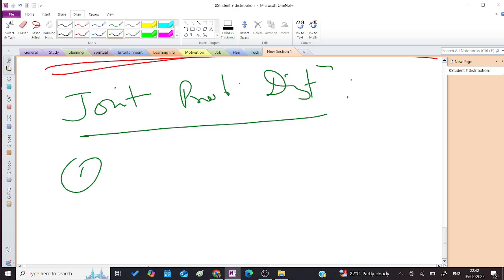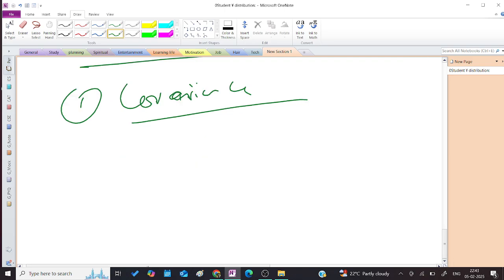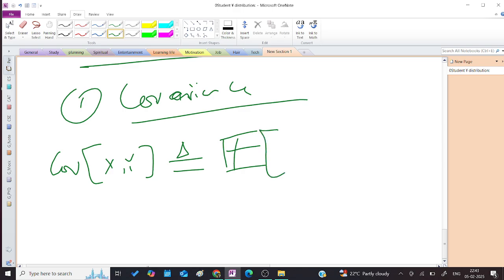So the first concept is covariance. The covariance between x and y is given by covariance of x comma y, and by definition it is the expectation of (x minus expectation of x) multiplied by (y minus expectation of y).